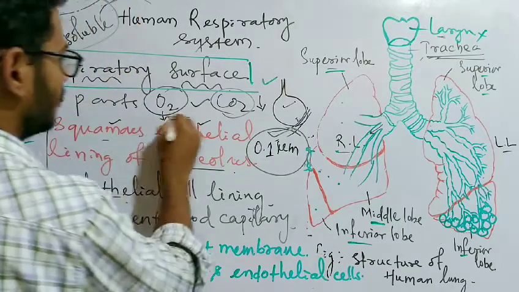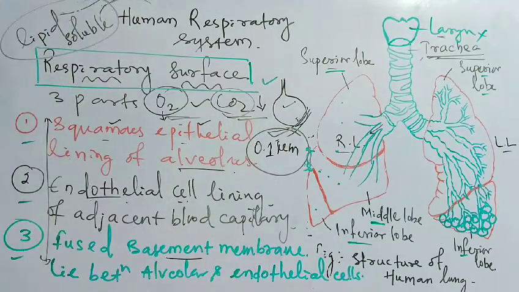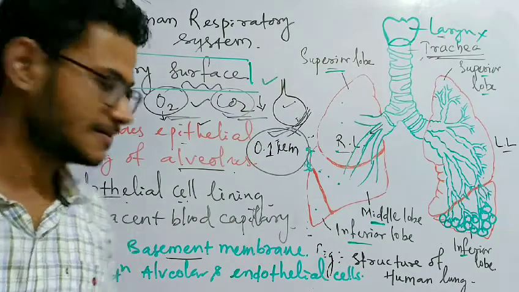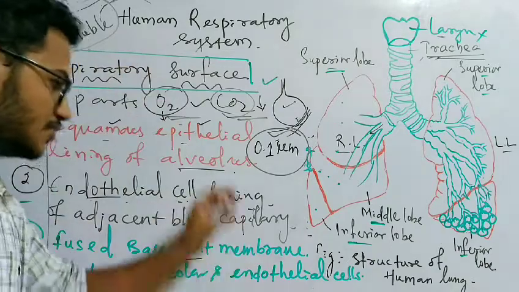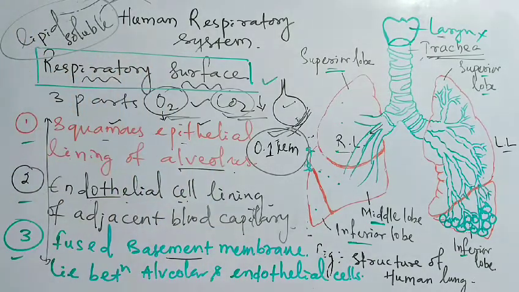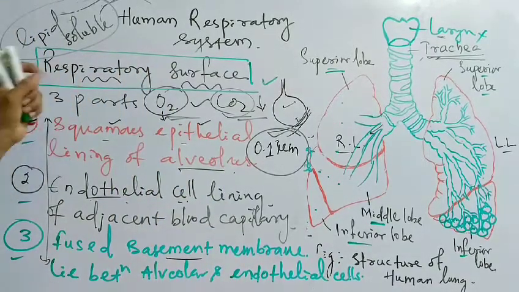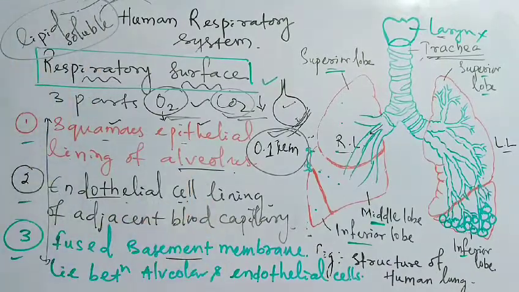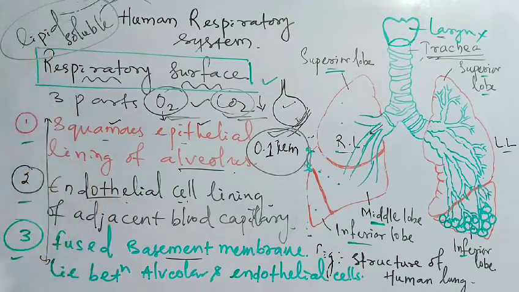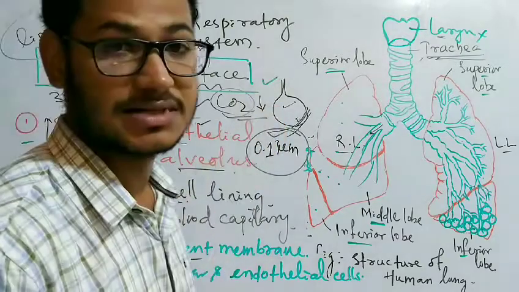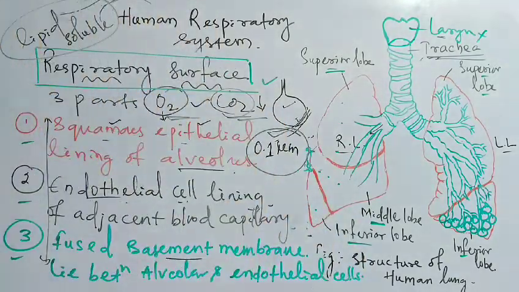Both mean oxygen and carbon dioxide, the respiratory gases, and being lipid soluble helps in the transportation of gases, because lipid is the constituent of the walls of the endothelial cell as well as the squamous epithelium, the wall of the alveoli as well as the wall of the blood vessel.